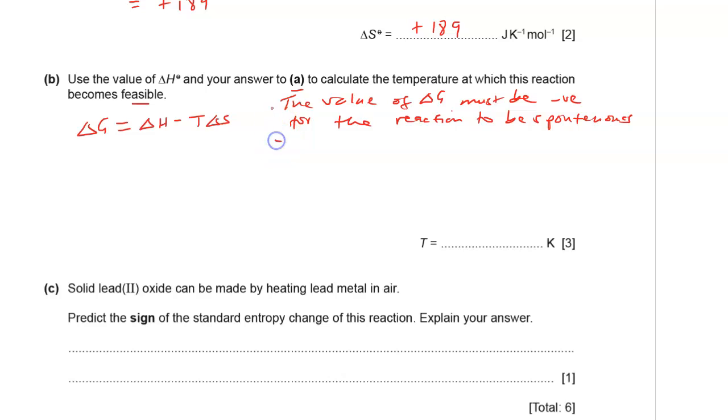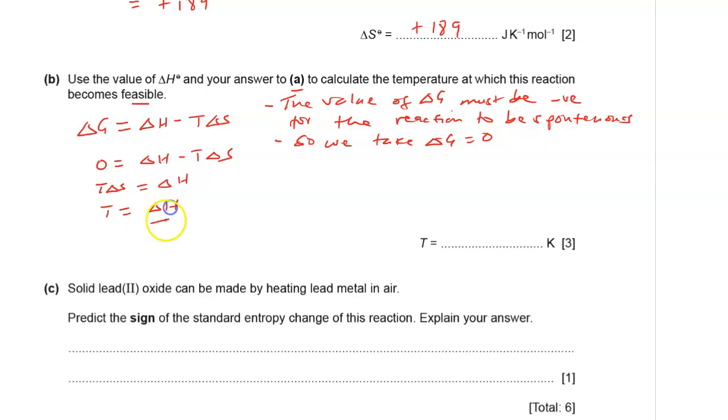So we usually take the value of delta G to be 0, because after 0 then you go to negative. So then of course this becomes 0 is equal to delta H minus T delta S. When you make T delta S subject, you get delta H. Therefore, T is equal to delta H over delta S.